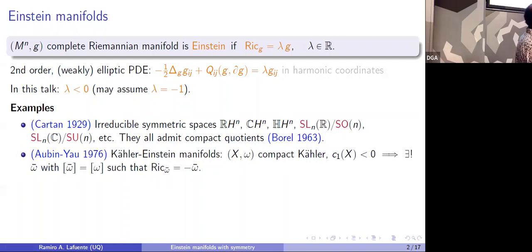So the technical condition is you need to require this topological assumption that the first Chern class is negative definite. And then within the given Kähler class, there exists a unique representative, which is an Einstein metric. So this is an extremely beautiful result. Then this was generalized to the case of zero first Chern class, even more famous than this one.